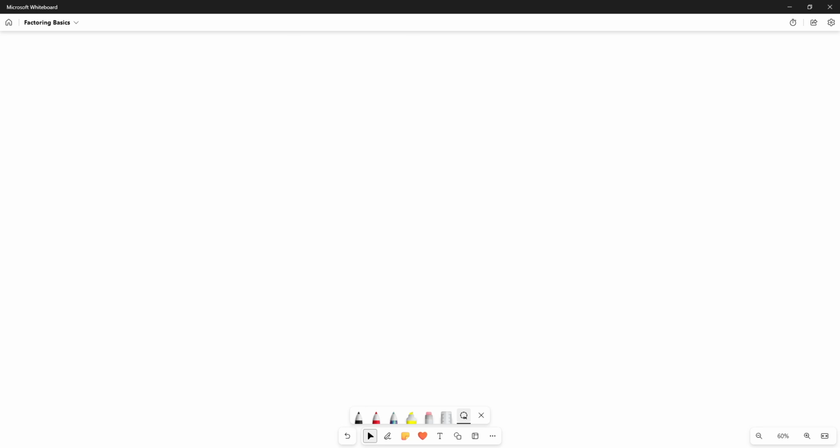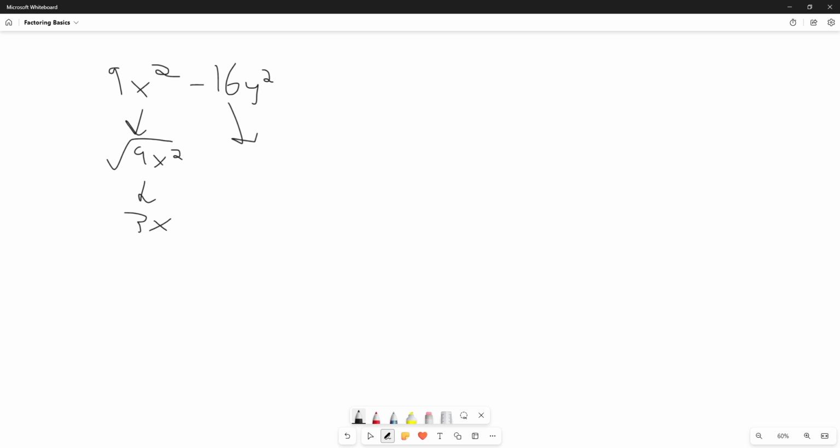Now, if I have a number like so, 9x squared minus 16y squared. Now, we can see that this has a perfect square, because the square root of 9x squared is 3x, right?